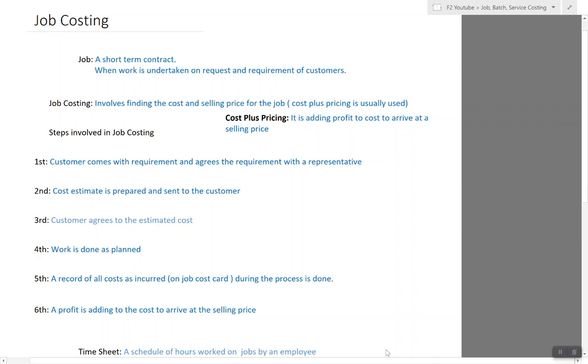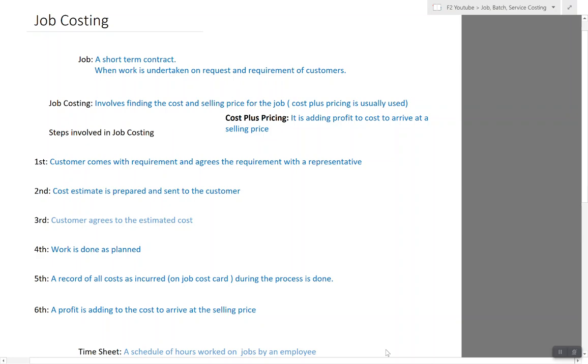Some organizations don't have specific things that they have made. They make things on request of customers. And when they make things on request of customers, that is called a job. An example of this could be a carpenter making desks on specific requests of customer.